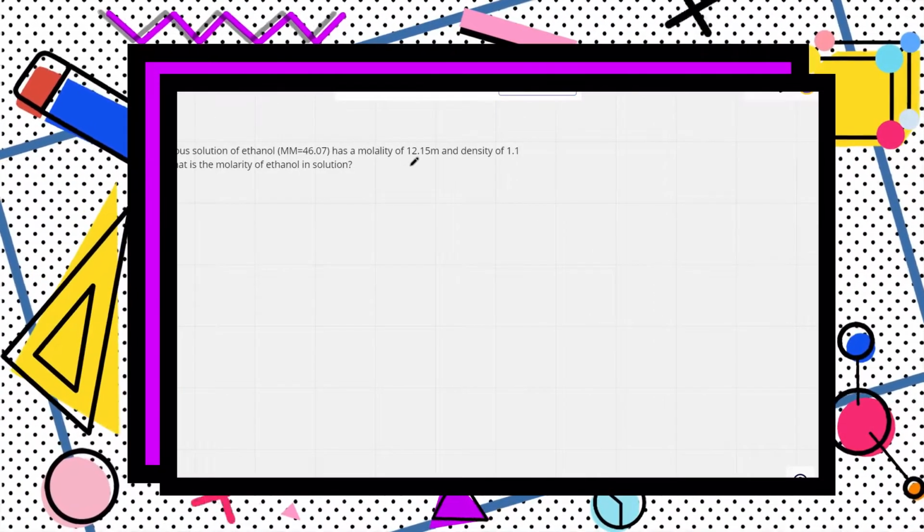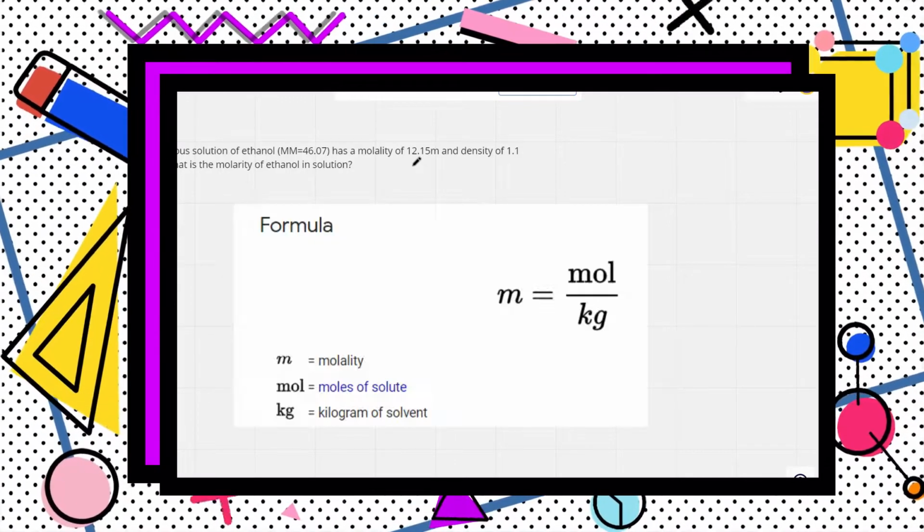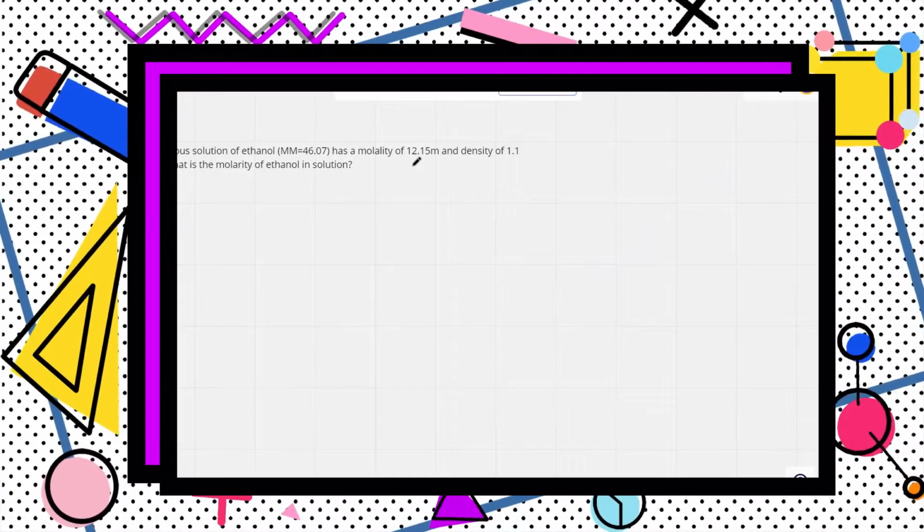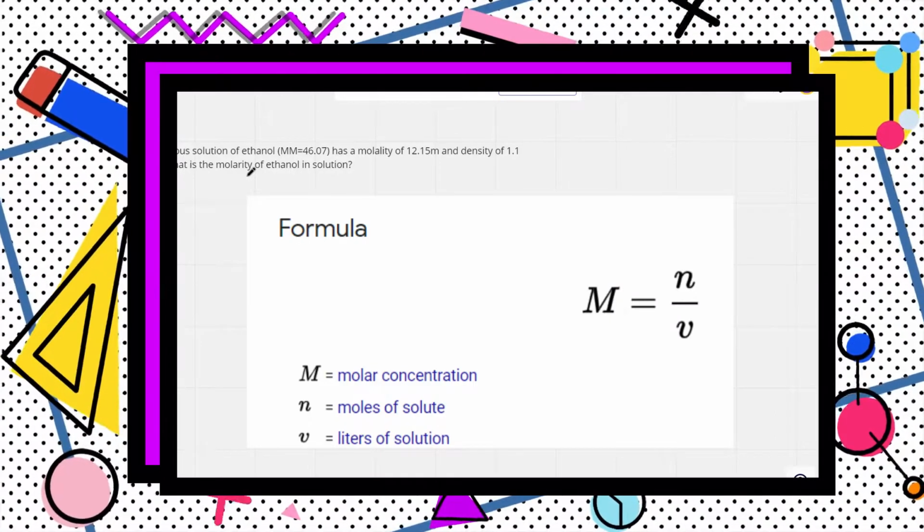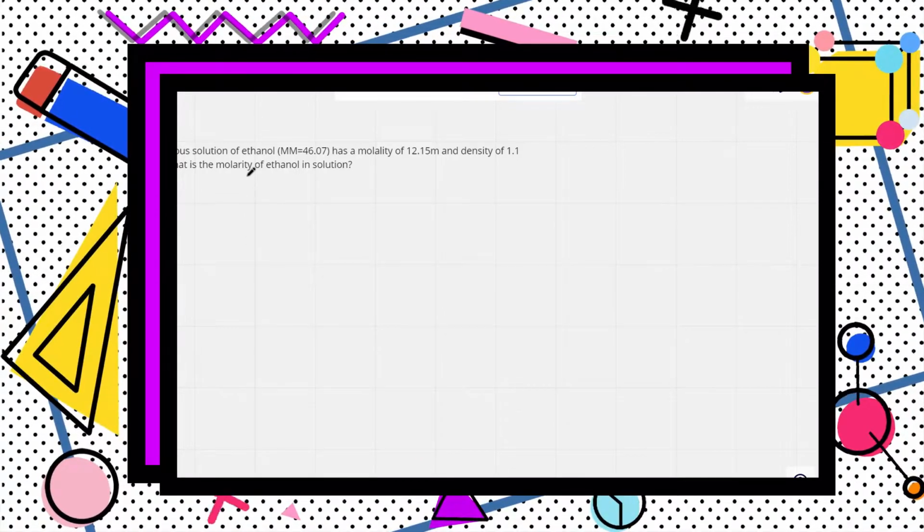No, it's not. Molality is moles over kilograms, and molarity is moles over your volume. In this case, we want the final answer to be moles over liters for molarity. So that's what we're looking for here, moles over liters.